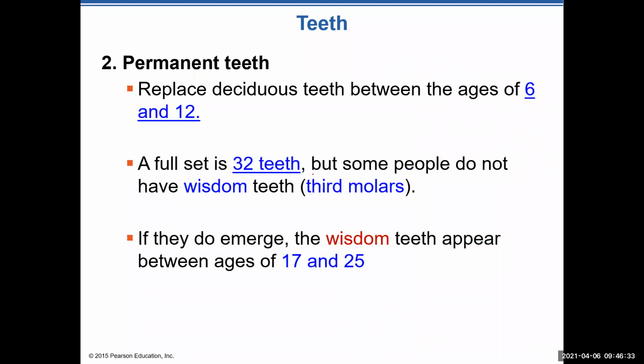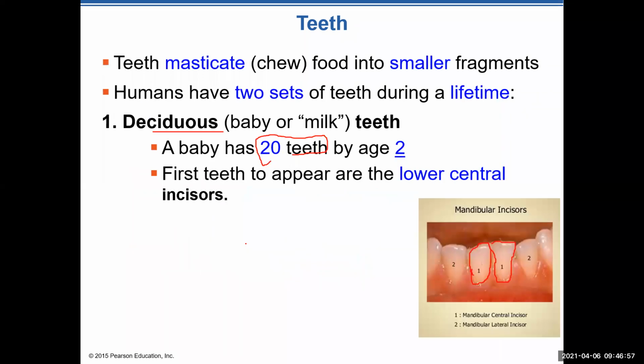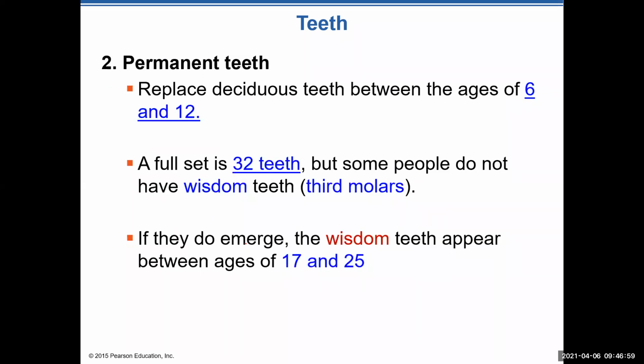And then by the age of 12, these deciduous teeth or milk teeth will be replaced. And we know that we all have 32 teeth in our mouth, right? And the third molars, also called wisdom teeth, we still have some time for them, because they never emerge early.